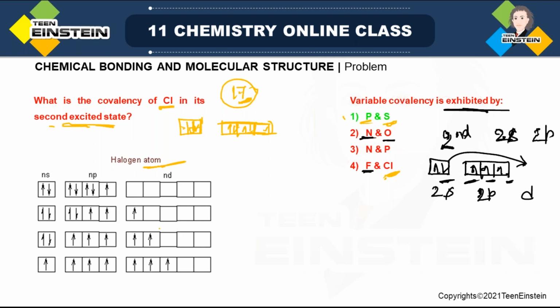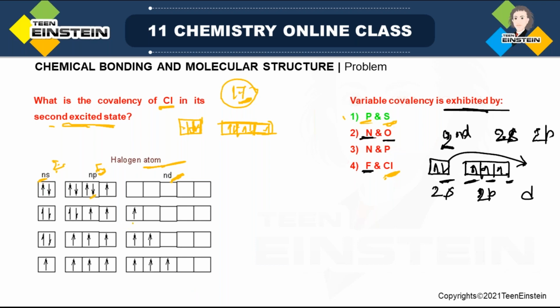Sorry, not for fluorine, because fluorine has no d orbital, so it is only for Cl, Br and I. If it is Cl, the n value is 3. If it is Br, it is 4s 4p 4d, and if it is iodine, it will be 5. So the configuration is ns2 np5.